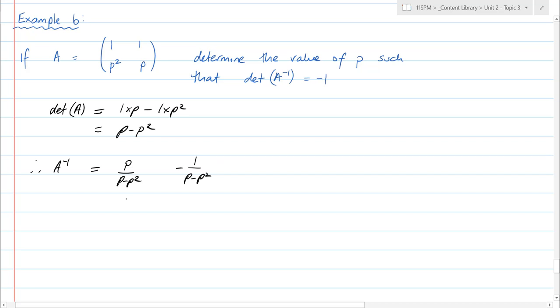I wonder if there might be another way we could do this. I'll have a look at it in a second. But here I get negative P squared over P minus P squared, and then here I get 1 over P minus P squared. Firstly, I can simplify the first two. I'm hesitant to do it because it might actually mean I have to equate the denominators later on if I'm adding fractions.